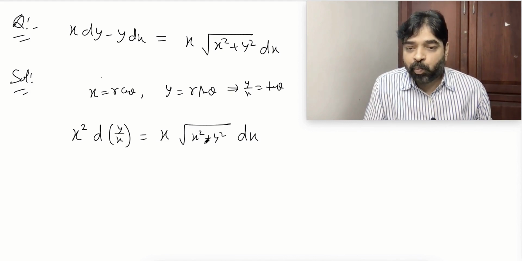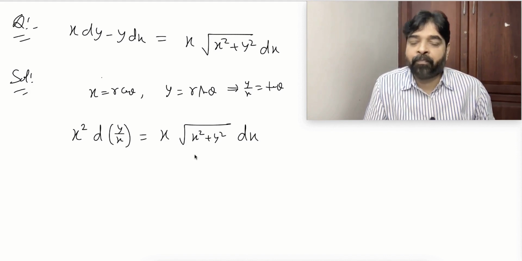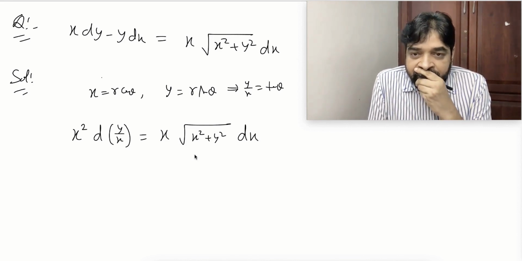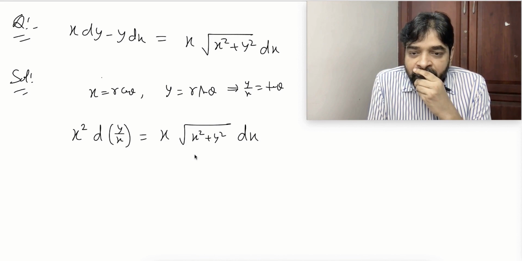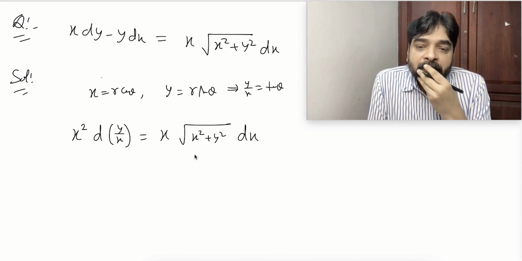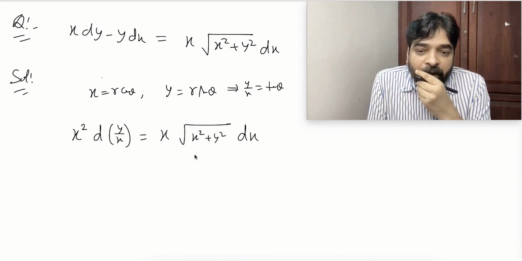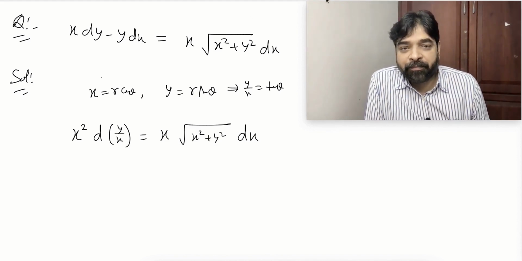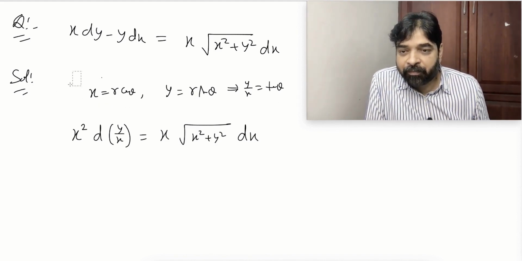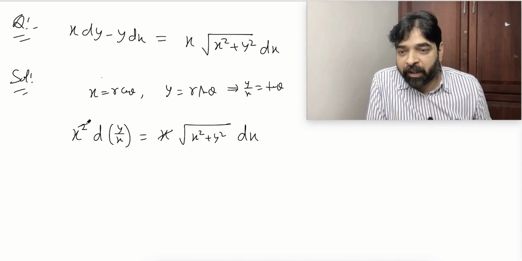So, one x will get cancelled. I think this is easier than this polar substitution. Wait a minute. One x will get cancelled.